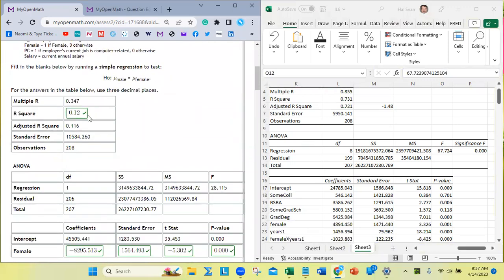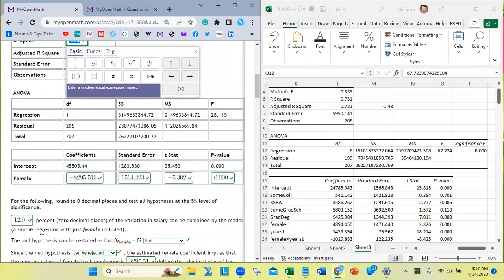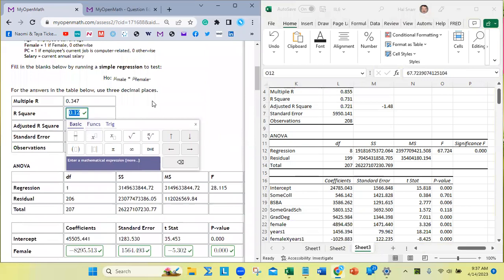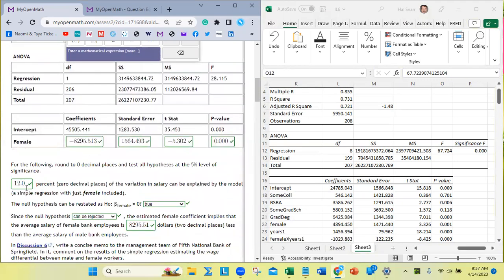So if you remember, the R square of the simple regression with only female in the salary equation, this value here implied that only 12% of the variation in salary can be explained by this particular model. So in this particular model, we found a difference in the male average and the female average.